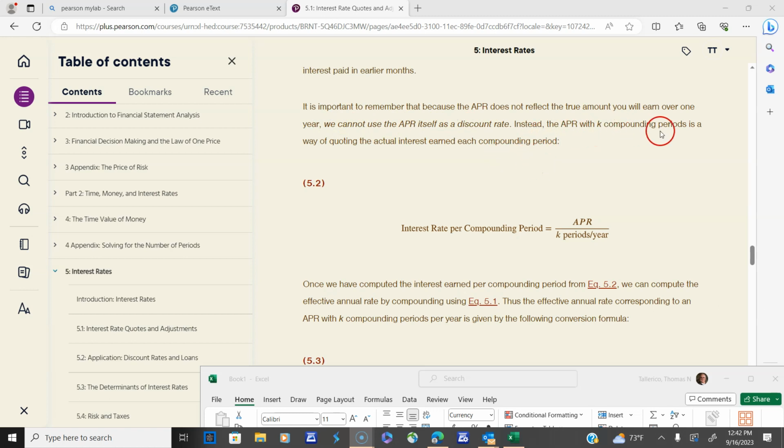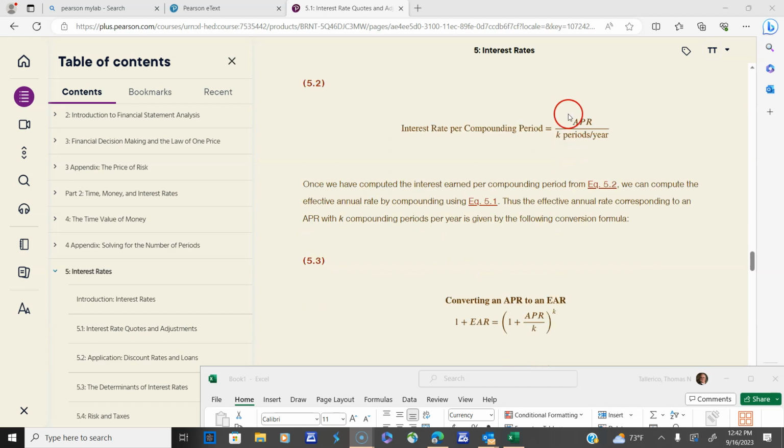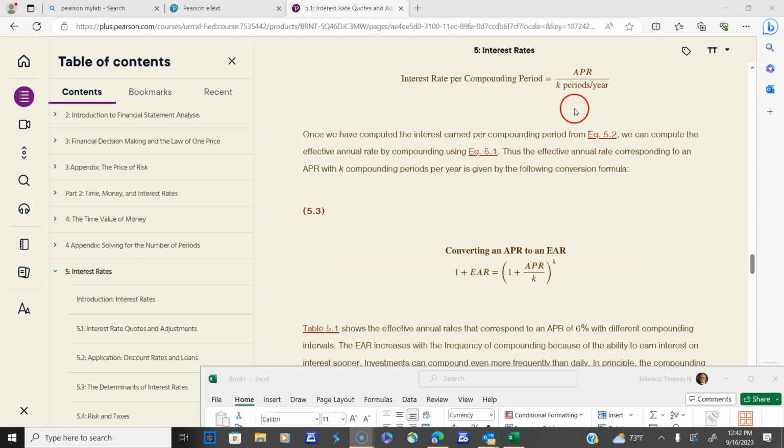Instead, the APR with K compounding periods is a way of quoting the actual interest earned each compounding period. And you just simply take equation 5.2, do this simple division, and then plug that into equation 5.3 here. Now, equation 5.3 tells you what effectively you're getting each year because the money's being compounded. So after I do this division, I plug this into here, all right?